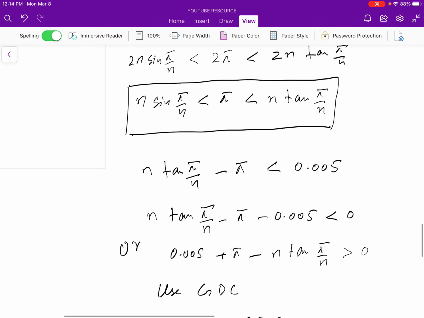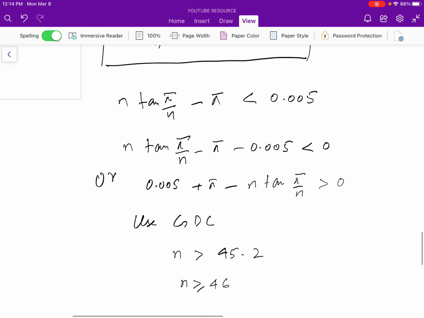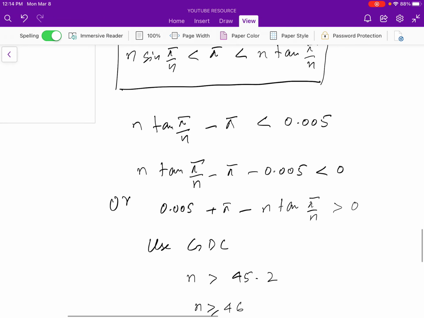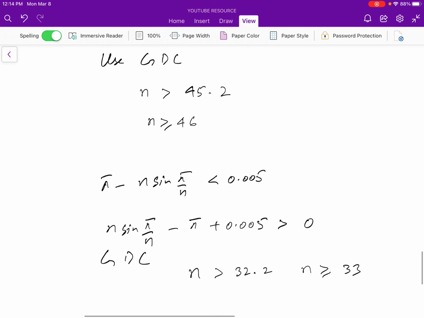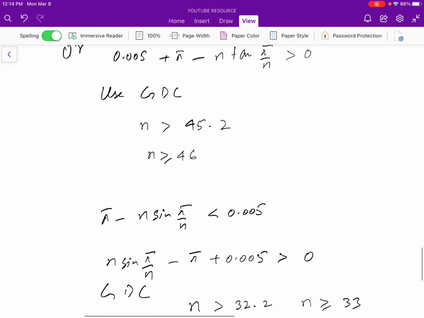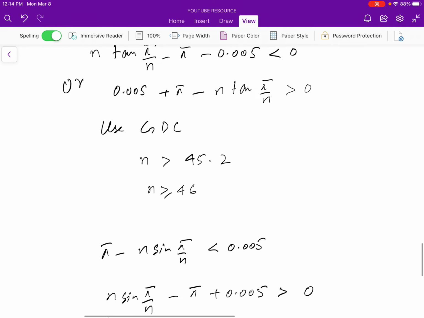Now this result shows that the lower bound will be within 0.005 of pi if n is greater than or equal to 33, and the other inequality shows that the upper bound will be within 0.005 of pi if n is greater than or equal to 46.